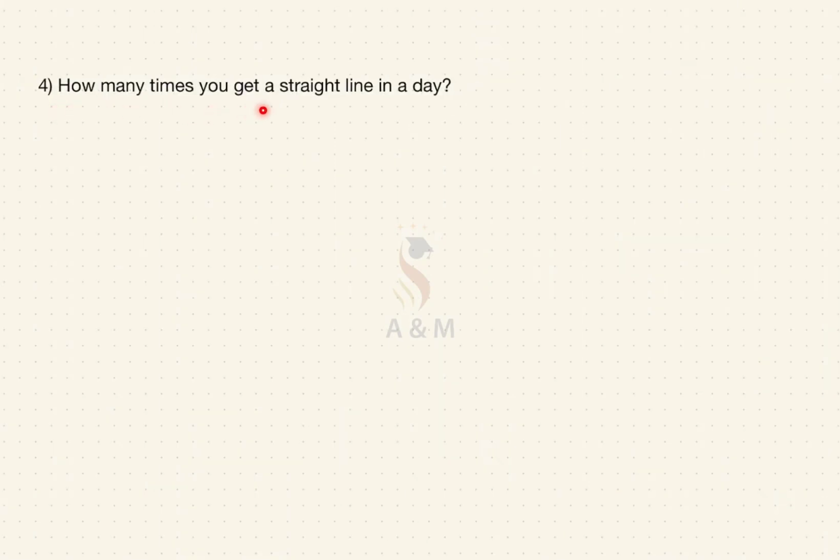How many times do you get a straight line in a day? What do you mean by a straight line? One straight line is your 180 degrees, and one more straight line is nothing but coincide. If the two hands of a clock coincide, then it means a straight line.